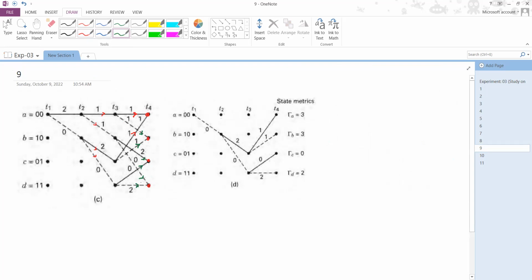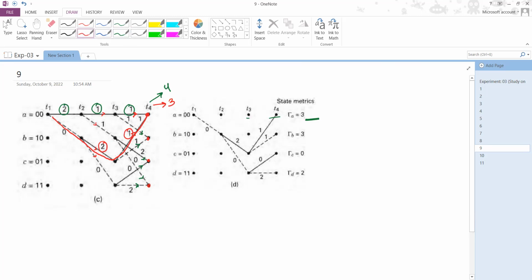So now if I calculate the state matrix from T3 to T4, you will see for state 1 there will be 2 plus 1 plus 1, that means 4. And for this path, what is our state matrix? 2 plus 1, that means 3.